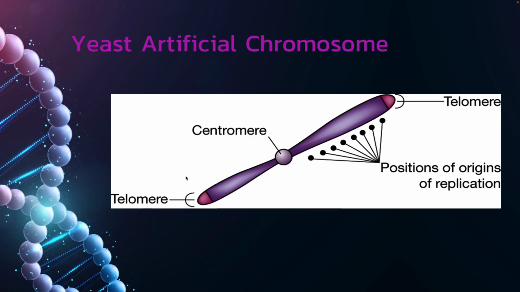On that first slide, you also probably saw the yeast artificial chromosome, or the YAC. These can be used in eukaryotic cells, like yeast. They have a centromere, they have telomeres, they have various origins of replication throughout, just like we would see on any linear chromosome.